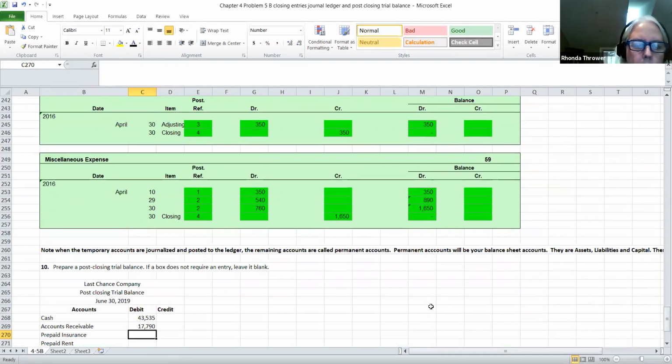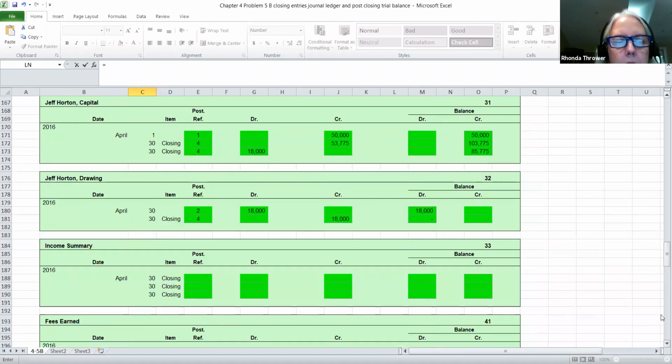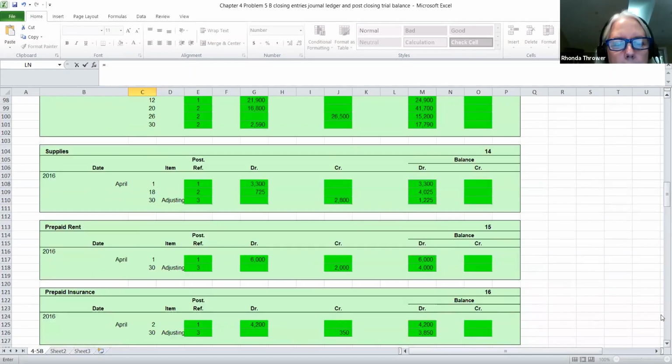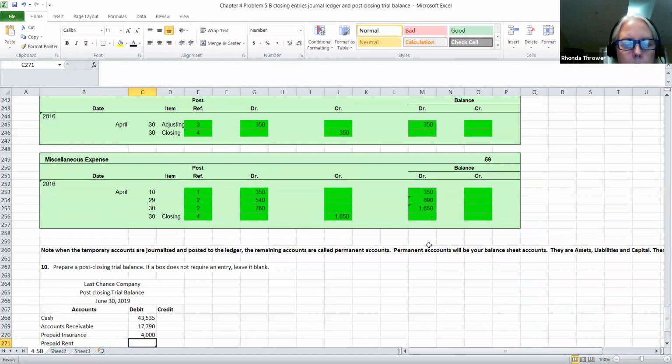And then the prepaid insurance, I'm going to pick up the balance of it. Prepaid insurance is an asset account. And my prepaid insurance balance was $4,000. I'm going to pick up my prepaid rent balance.